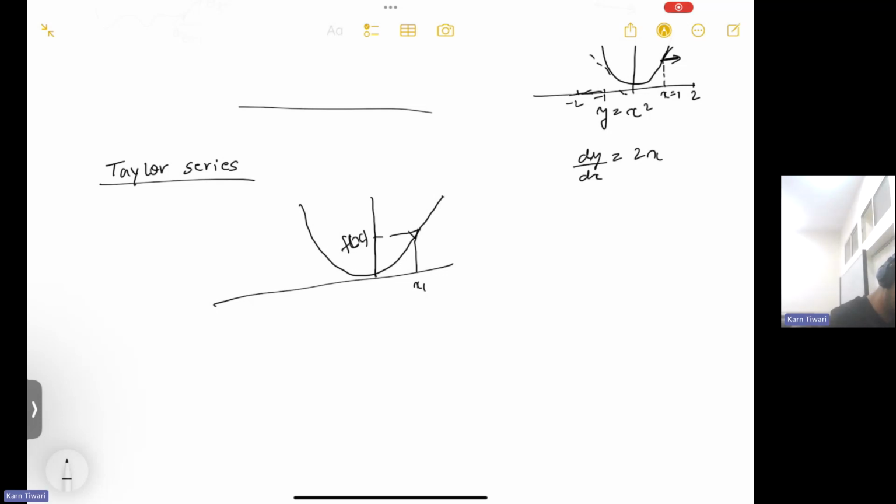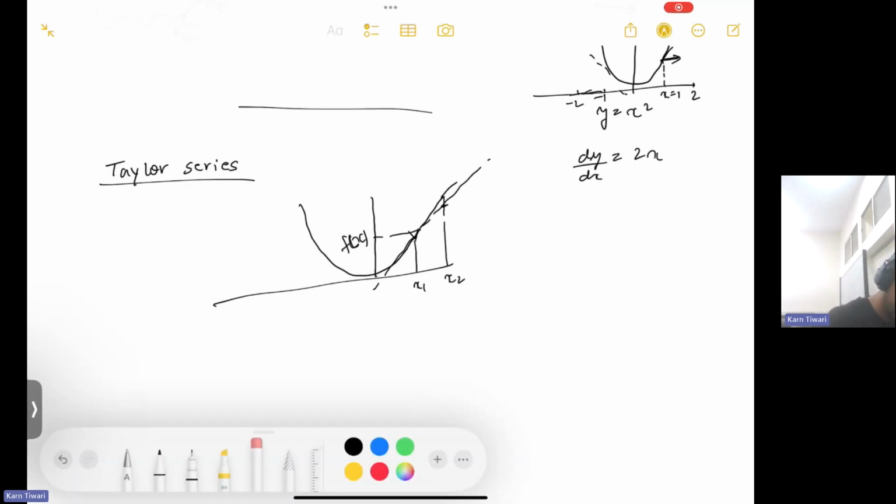Now I want to find the value at this point, that is x2. If we take a tangent across x1, we can show that the value of this function at x2 should be at least this point, which we have calculated based on the information.